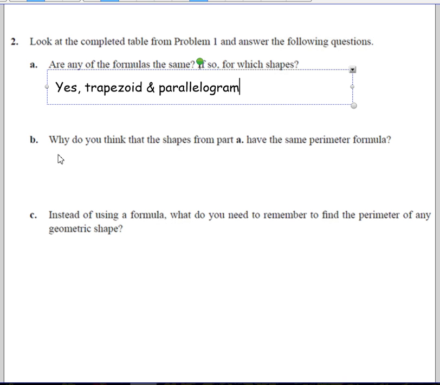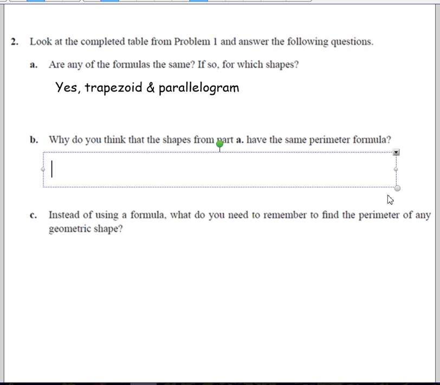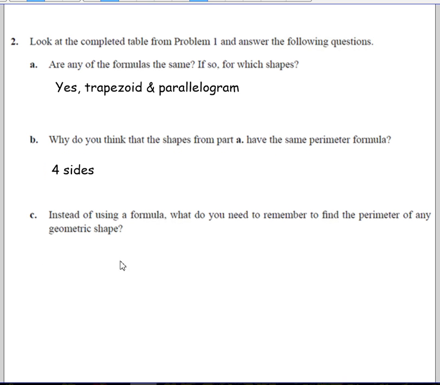And for B, why do you think the shapes from part A have the same perimeter formula? Well, they both have 4 sides. And we could have used A, B, C, and D for the rectangle or the square as well. They have 4 sides, but they gave us special formulas for those. And instead of using the formula, what do you need to remember? I mentioned it a couple times.